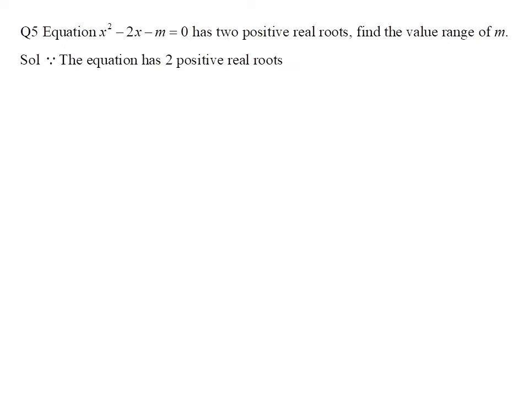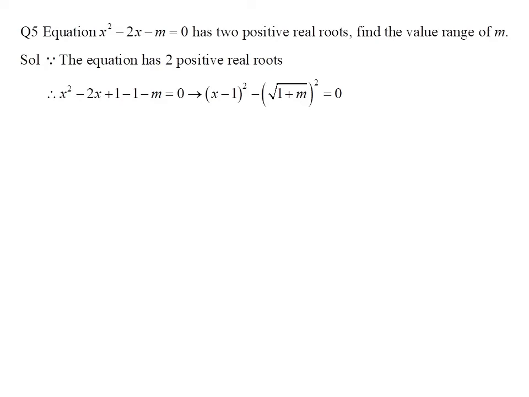Question 5 shows the quadratic equation with the parameter m as its constant term. It asks us to find the value range of this m given the criterion that the equation has two positive real roots. Since it says the equation has two positive real roots, we need to find the expression of roots in terms of parameter m.